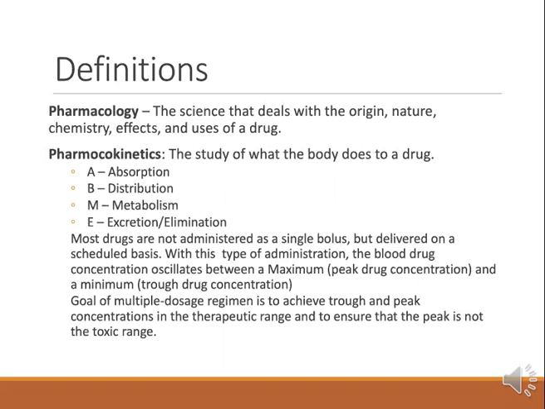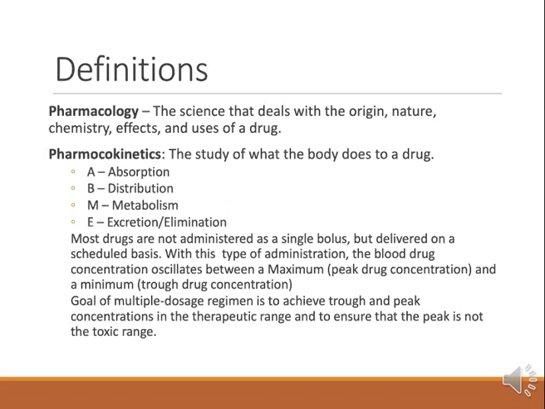So most drugs are not administered as a single dose, but delivered on a scheduled basis, right? So remember, when you take antibiotics, you take them every 3 hours, every 8 hours. Certain drugs you take every 4 hours, every 3 hours, things like that, once a day, once a week.